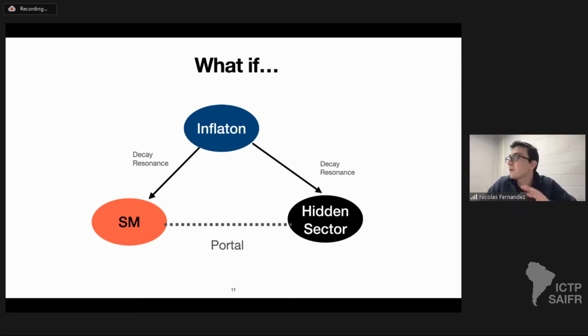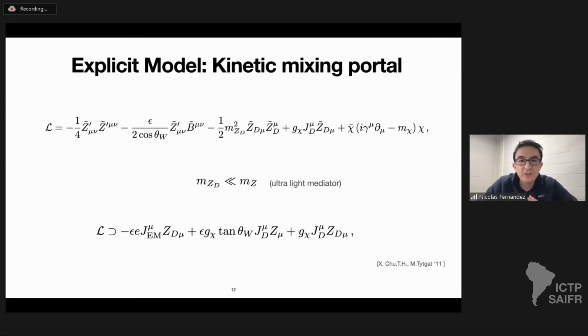To make this idea more concrete, I'm going to use the kinetic mixing portal. This has been a really well-studied model, very prolific, if you wish. You have the standard model, and also a dark sector with a U(1).